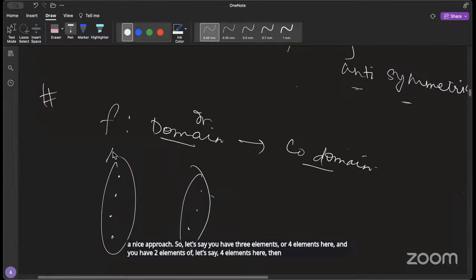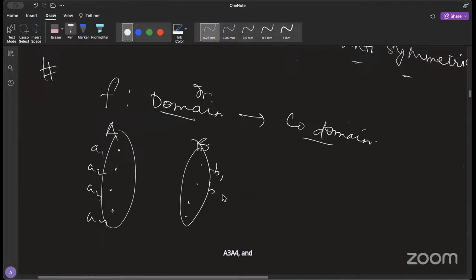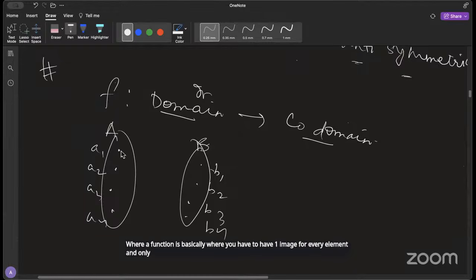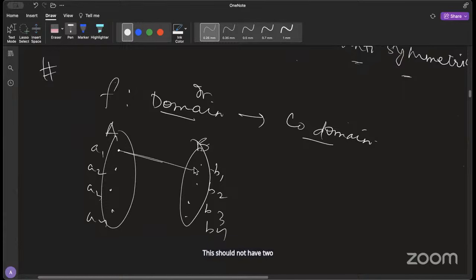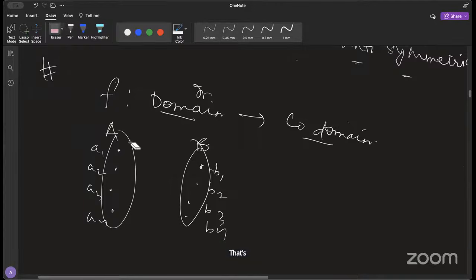This is set A and this is set B. Let's call these A1, A2, A3, A4, and these B1, B2, B3, B4. A function is where you have to have one image for every element and only one image for every element. These are called images, right? If B1 is paired with A1, then B1 is called the image of A1. That's the definition of image.